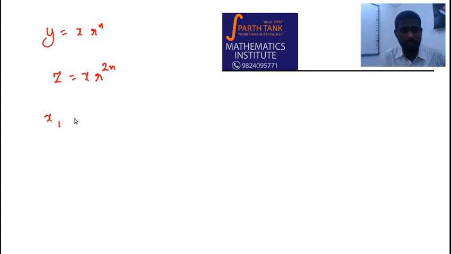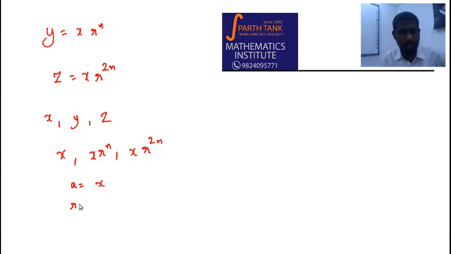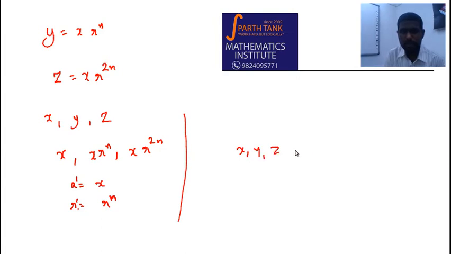Therefore I have x, y, z as x, x into r to the power n, x into r to the power 2n. So you can see this is a GP with the first term x, and common ratio r power n, multiplied by r power n, multiplied by r power n. So x, y, z I can say are in GP.